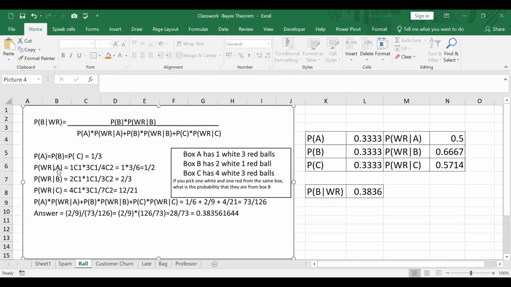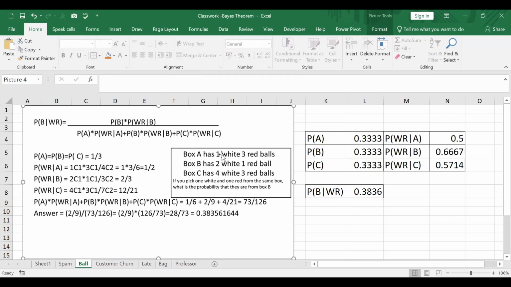If you pick from A, what is the probability that W and R are picked up? Now, how many balls are there in A? One white. The only method of picking one white from one white is 1C1, which is one, of course. The methods of taking one red ball out of three is 3C1.